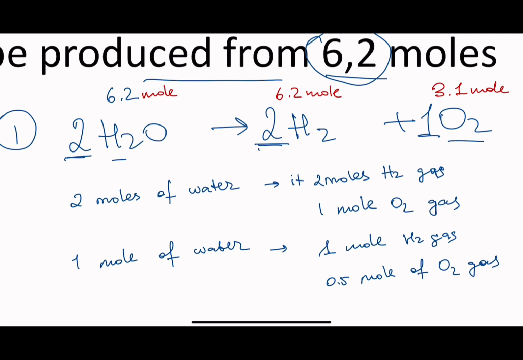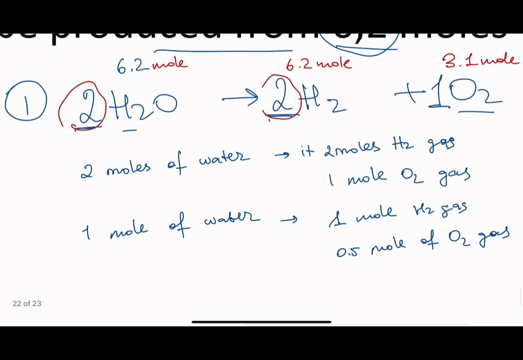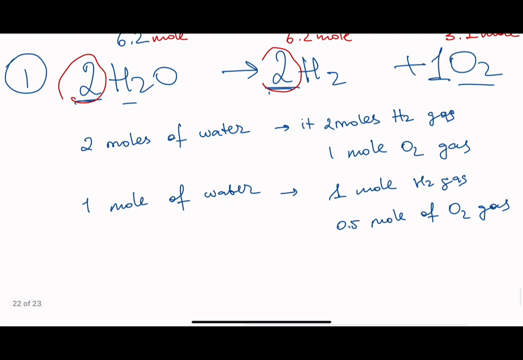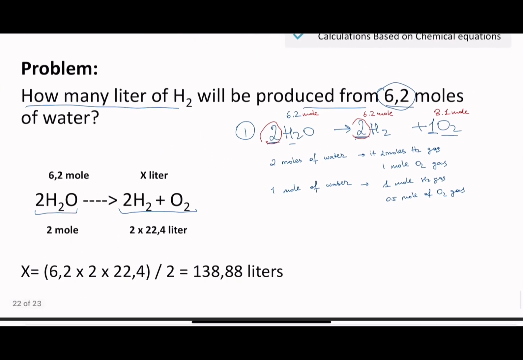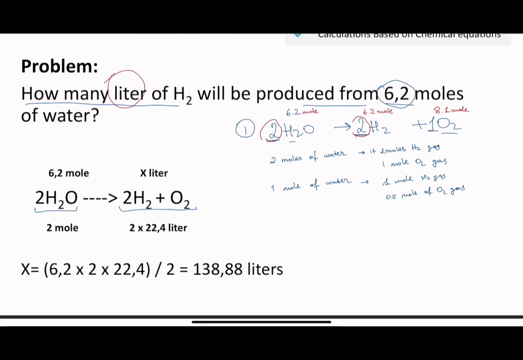We're not messing with the liters, only moles. We need to convert everything into moles and then use these ratios and do our calculations. So 6.2 moles is giving me 6.2 moles of hydrogen. We know this. Now it is asking us how many liters is that.